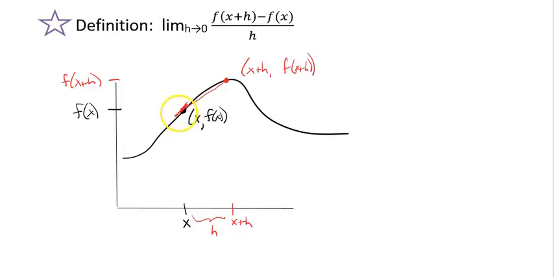So if we do the slope of the secant line between those, we have y minus y, so f of x plus h minus f of x, over x minus x, which would be x plus h minus x. Okay, well, if you combine like terms on the bottom, you're just left with h, and you'll notice the top is the same as this. So this fraction becomes this. Well, what does the limit have to do with it?